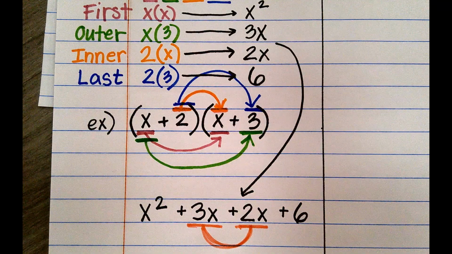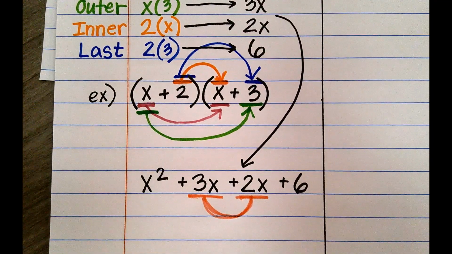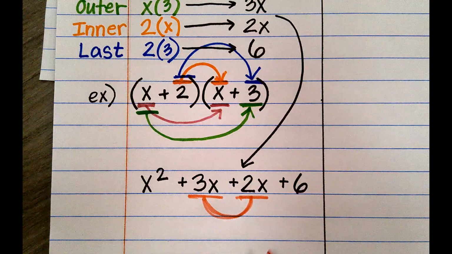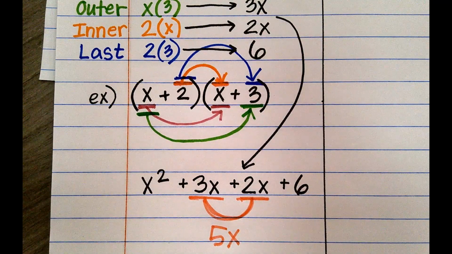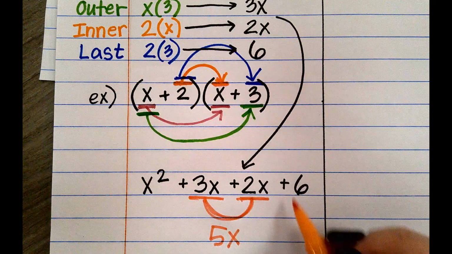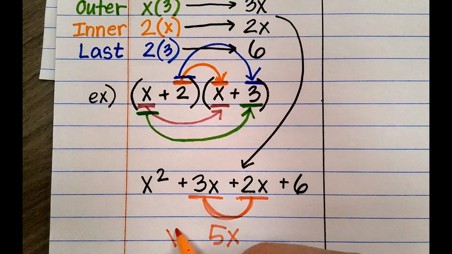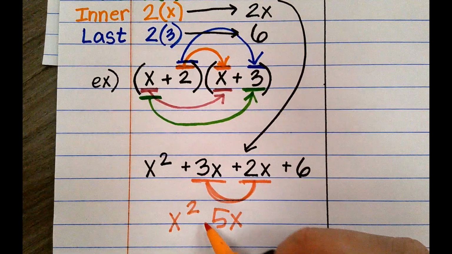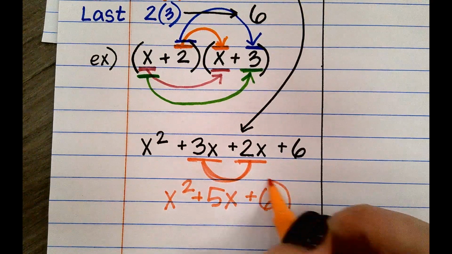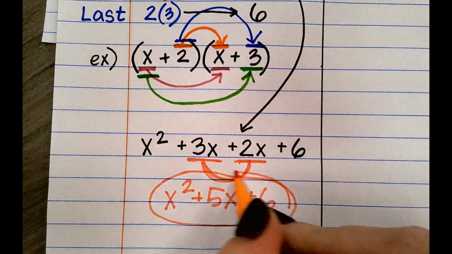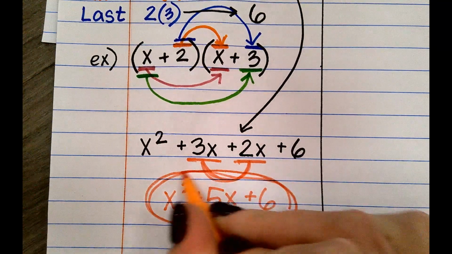They're both just x. So I can just add 3 plus 2, and it's 5x. You bring everything else down. And you bring the rest down. Good. So I have x squared plus 5x plus 6, and that is my answer. Very, very good.